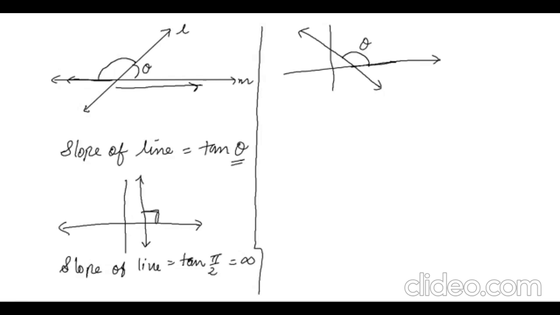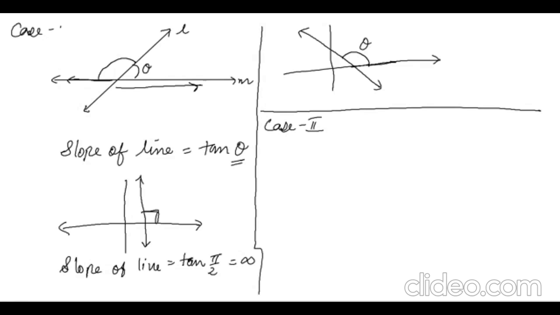This is your first formula, or one of the formulas, to find the slope of a line if you have the angle made by that line with the positive direction of x-axis. But sometimes we may encounter cases where the angle made by the line with the positive direction of x-axis is not given, then we will consider case 2.